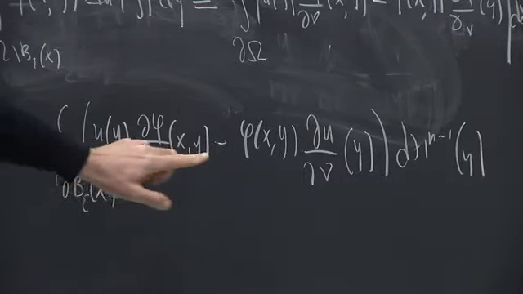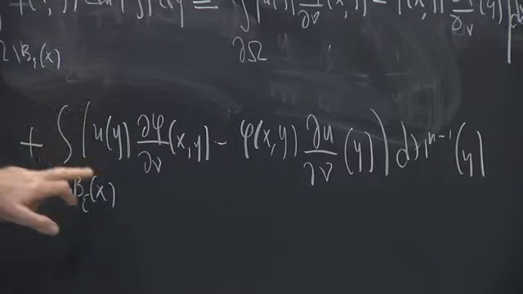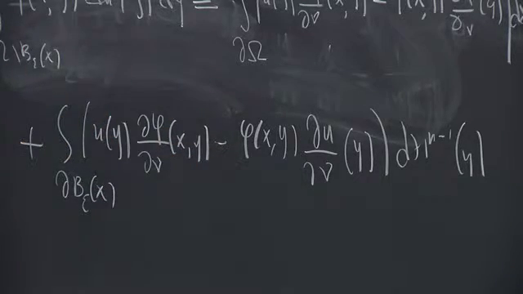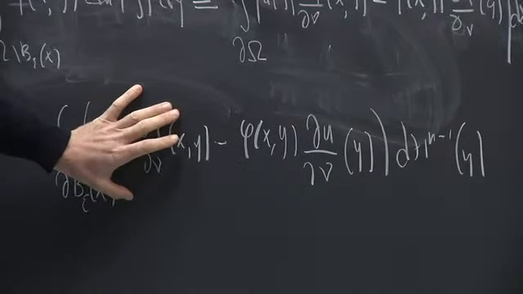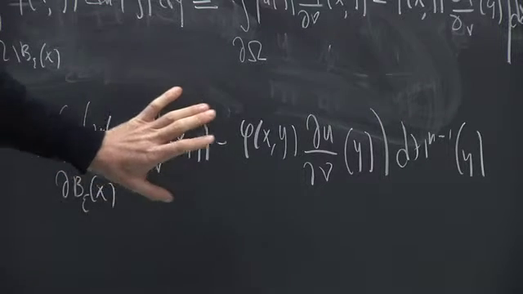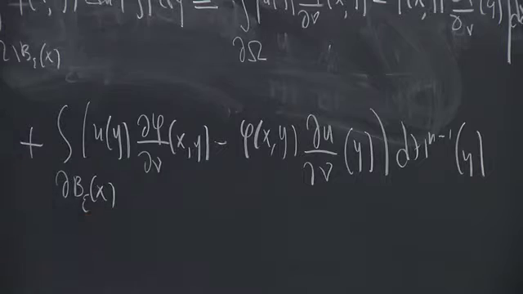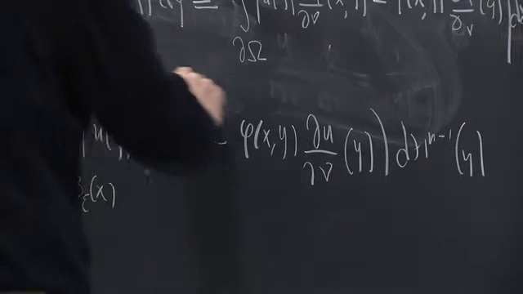Again, arguing as before, using exactly the previous arguments, u is smooth enough, so it is bounded, and so this goes to 0 as epsilon goes to 0, and this goes to 0 as epsilon goes to 0. Okay? Therefore, these are negligible with exactly the previous argument.